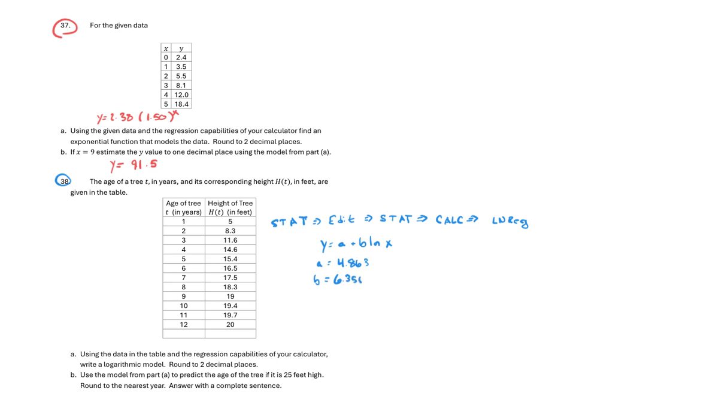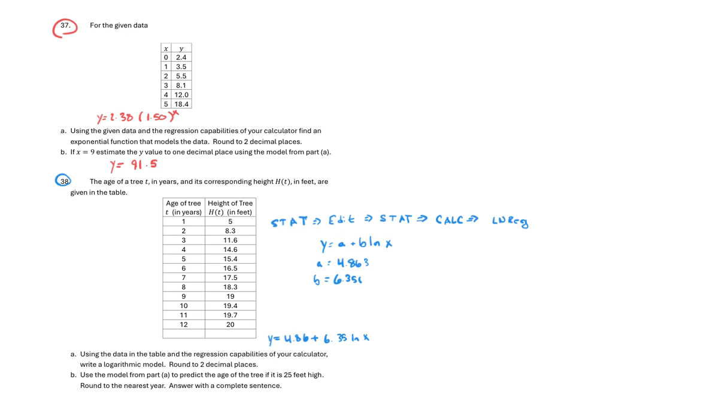So what this means is that our regression, or the equation that we think matches this data best, is going to be y equals, if we round to 2 decimal places, 4.86 plus 6.35 natural log of x.